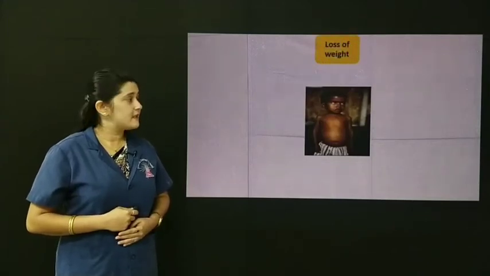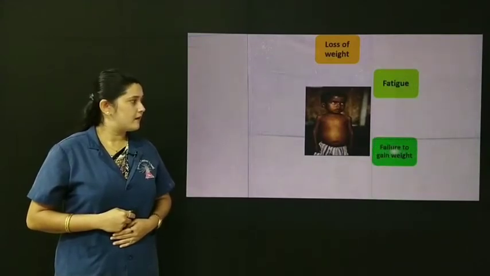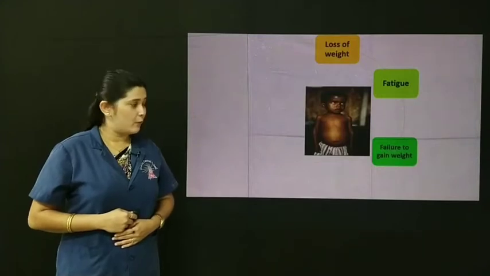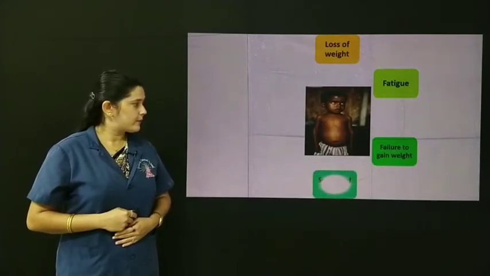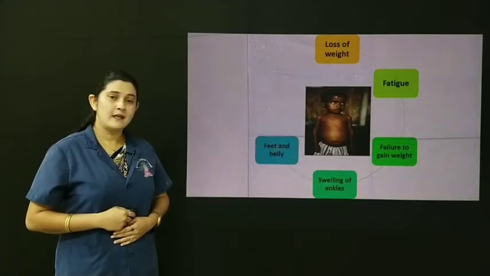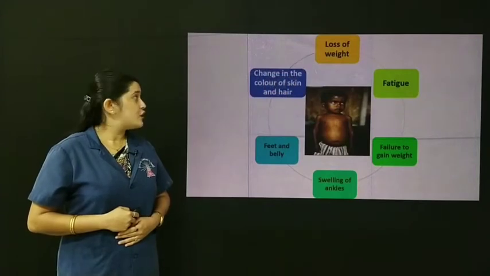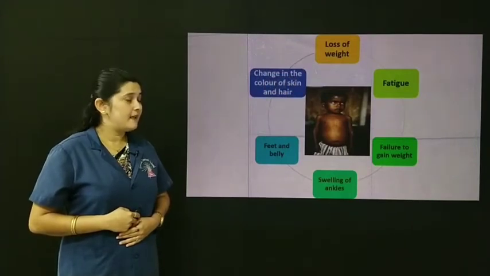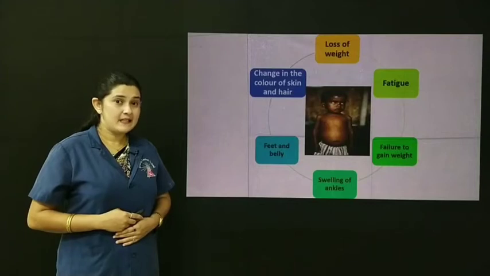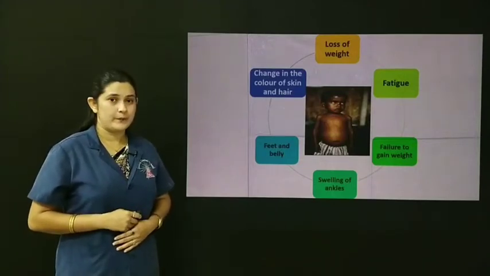Loss of weight, fatigue, failure to gain weight, swelling of ankles, feet and belly, and finally change in the color of skin and hair. These are the visible symptoms of kwashiorkor.